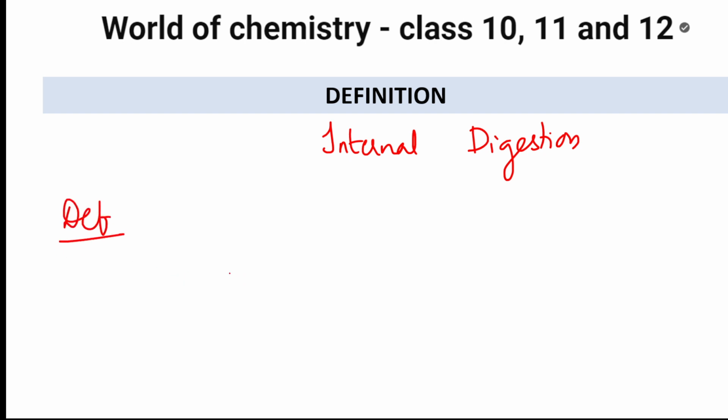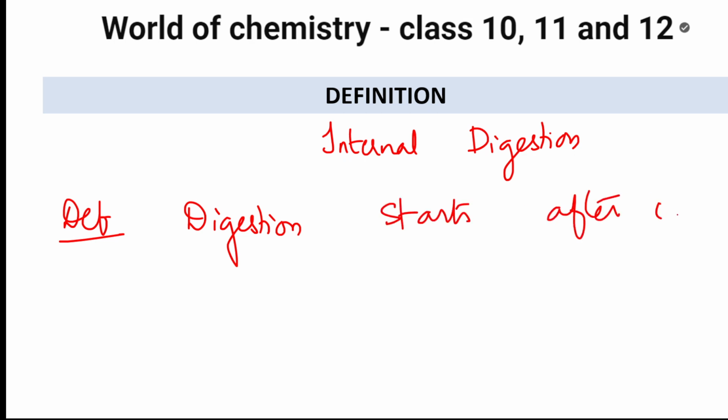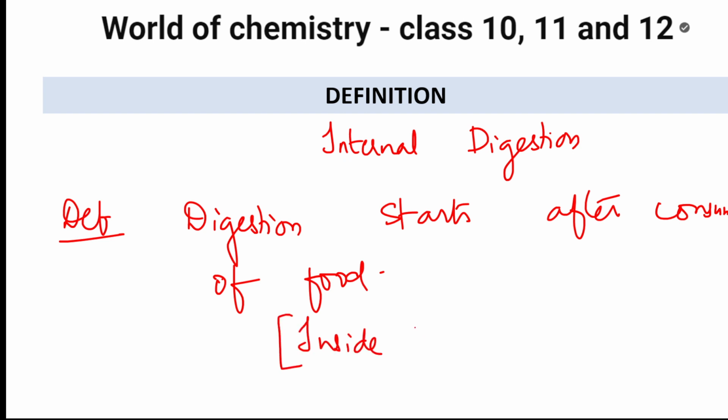In holozoic nutrition, you have to say the process of digestion starts after consuming food. It happens inside the body. Earlier, digestion happened outside, then they started eating. Now after eating, digestion starts.